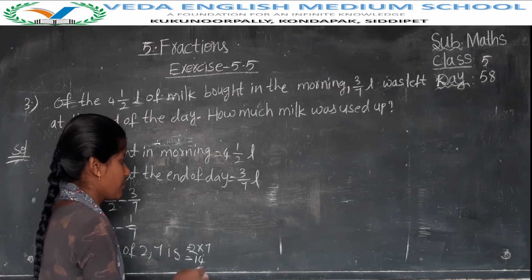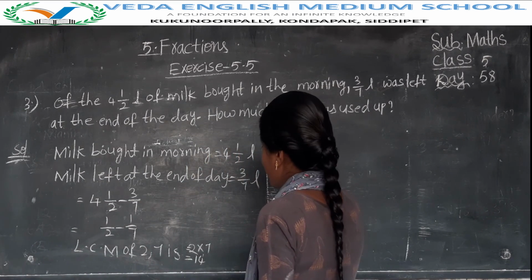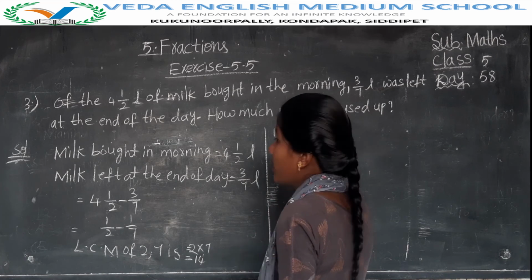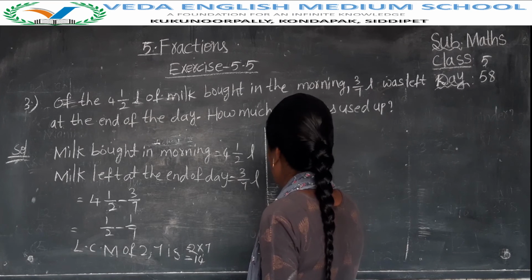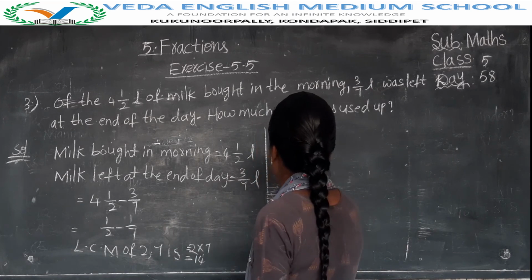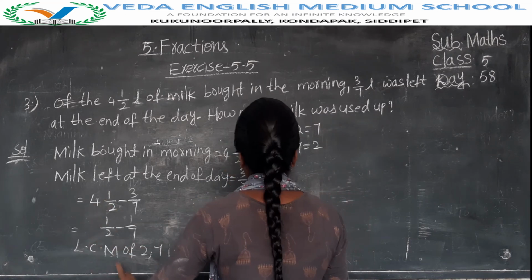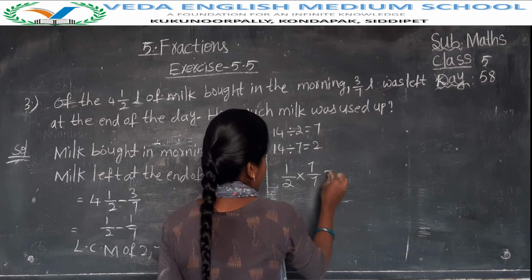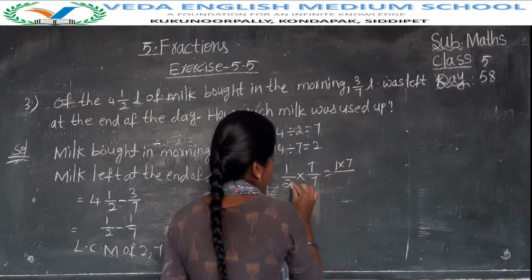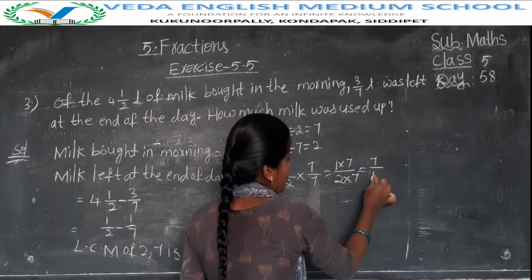Then take the LCM 14 divided by the first fraction denominator 2. From the 2 table, 14 is possible, that is 7 times. Then 14 divided by the second fraction denominator 7: 7 twos are 14. Then the first fraction is 1 by 2 into 7 by 7, that is 1 into 7 by 2 into 7; 1 seven is 7, 2 sevens are 14.